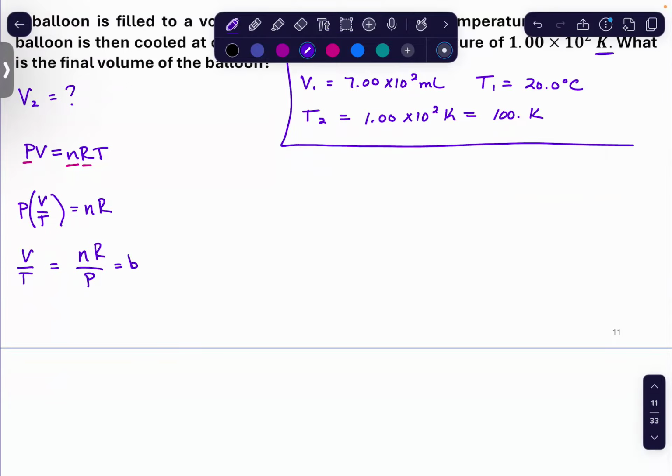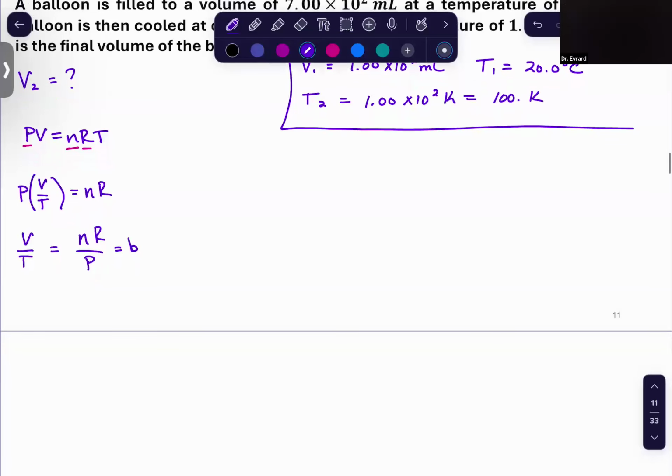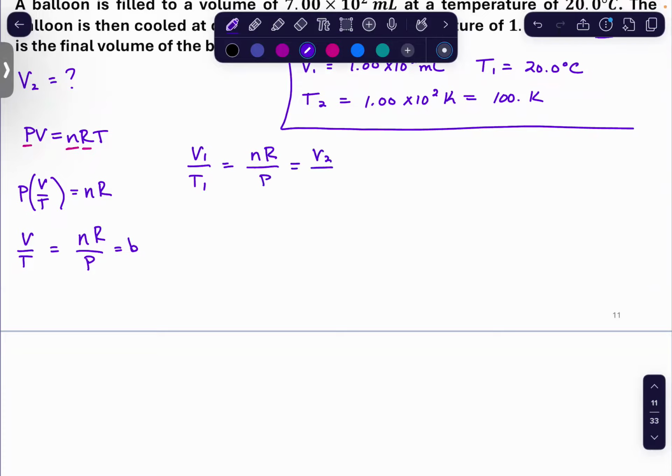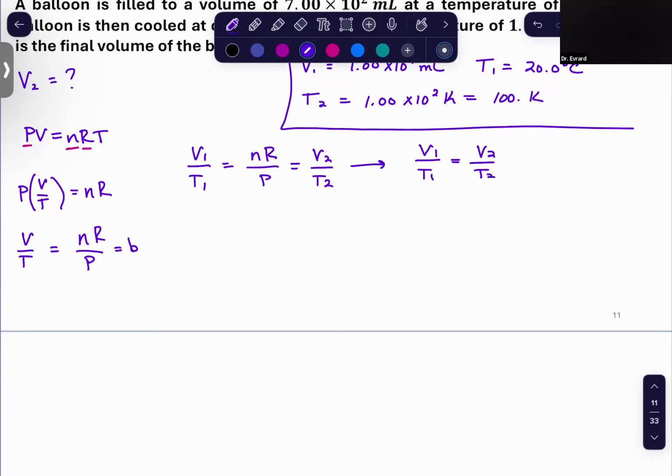So once again, if we didn't have the formula for Charles's law, we could say V1 over T1 equals nR over P equals V2 over T2, or V1 over T1 equals V2 over T2.